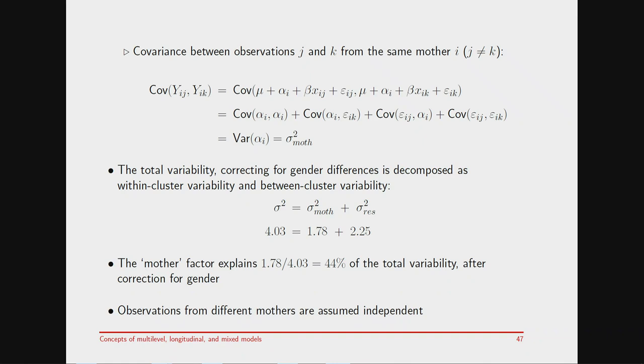And this is what I told you before, that we will model variability, and implicitly we have taken care of the correlation. Because this model implicitly assumes that two observations from the same mother, two animals with the same mother, would no longer be independent of each other, because the covariance would be the variance of alpha i.